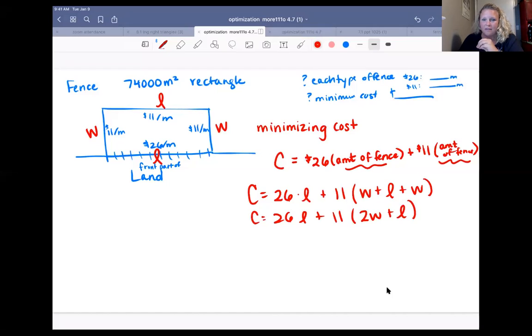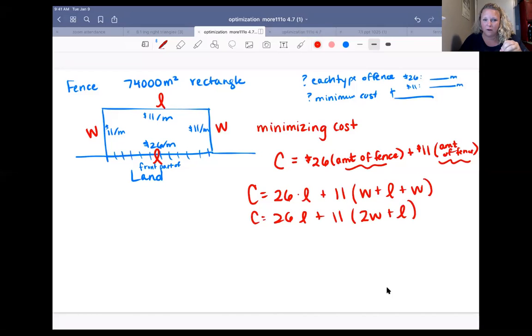And I know a lot of people don't like word problems, so just bear with it till the end. The problem is there's two variables here, whether you use W and L or X and Y. I cannot take the derivative. We're not doing implicit in this section. I cannot take the derivative with respect to this right now.